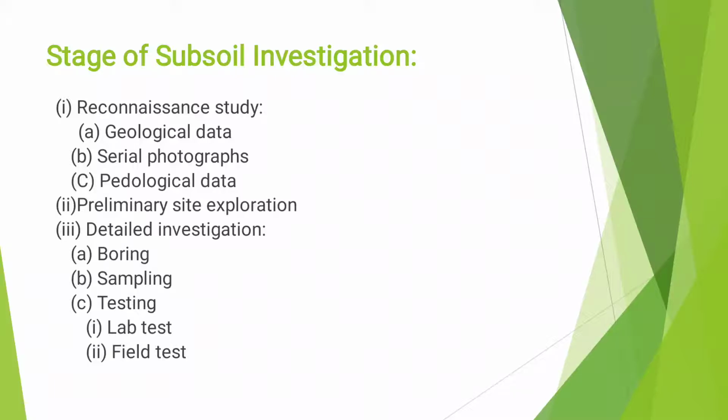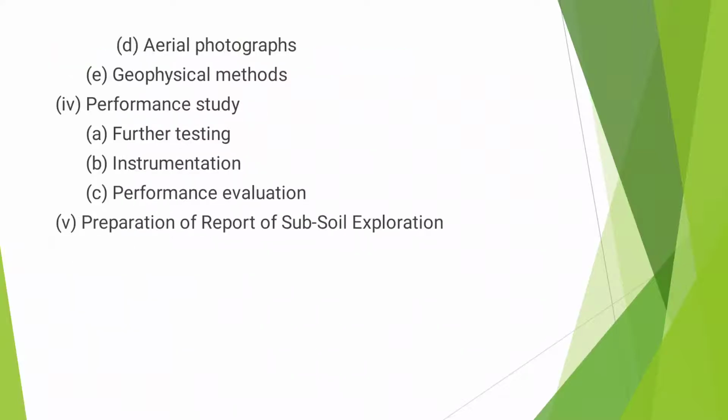In detailed investigation, a detailed survey of the area is done by conducting various tests. Next, performance evaluation, which involves further study, instrumentation or performance evaluation of the site. And finally, the last process is preparation of the report, where the information gathered is mentioned.